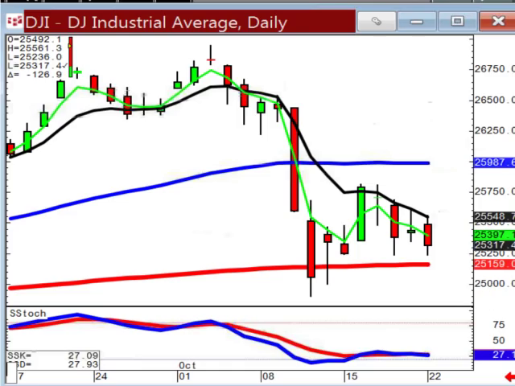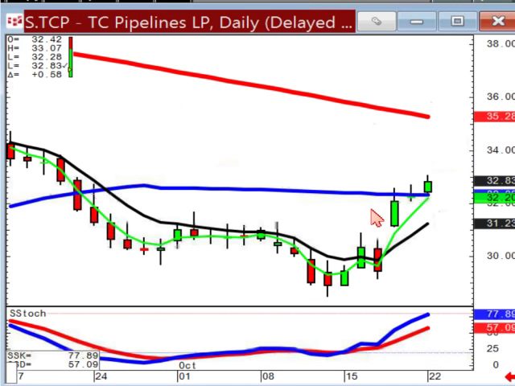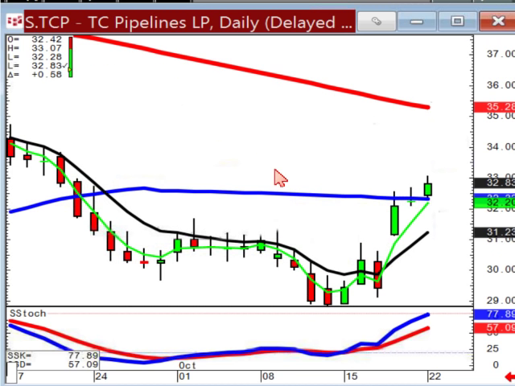You pretty much have to make your assessments as to how many longs you want to be in versus how many shorts. Now, there are longs that you can stay in, and that's based upon the strongest of the candlestick signals, like the kicker signal. That's why we recommended TCP the other day, because of the kicker signal.